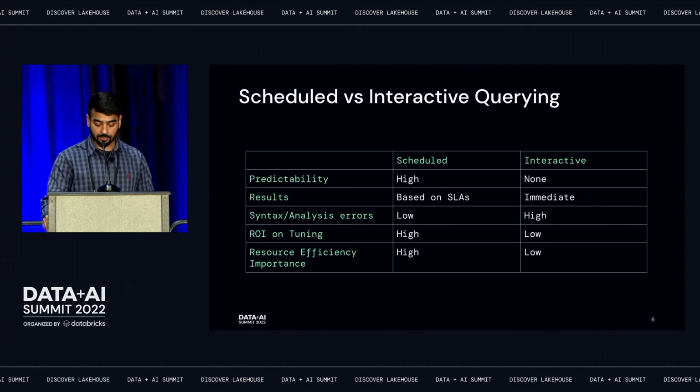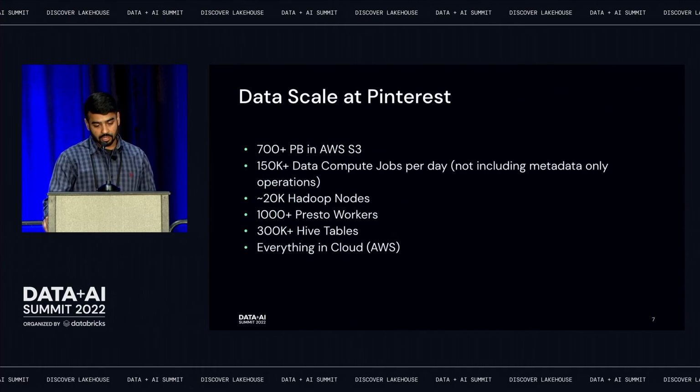But before we start talking about it, let me make a case on why you should listen to me. In the data world, credibility usually comes from the scale at which a problem is solved. So let me give you a glimpse of the scale at which the big data query platform at Pinterest operates. We have over 700 petabytes of data in AWS S3, which is processed by over 150,000 jobs daily.